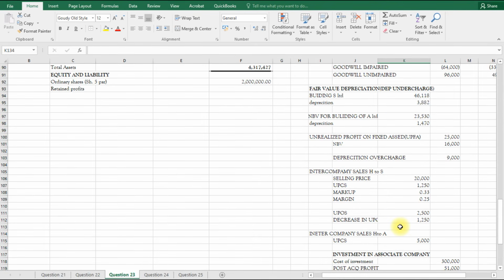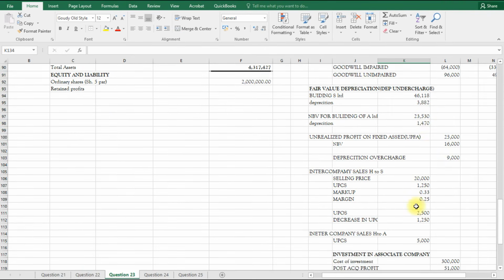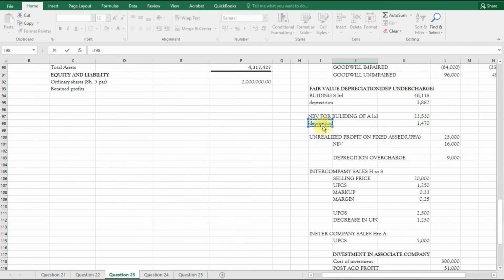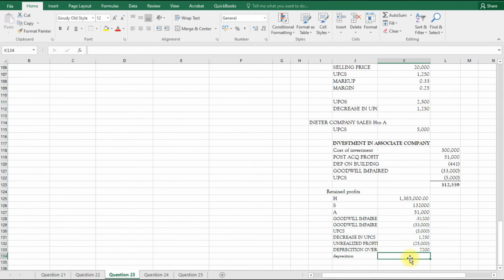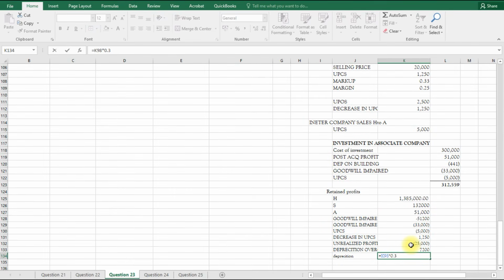So for fair value depreciation, there were two of them. Yeah, we had the one for 14. Yeah, this one was for A. Yeah, there was again that fair value depreciation for A. Yeah, we had this depreciation, which will be 1470 by 30, and I will enter that.